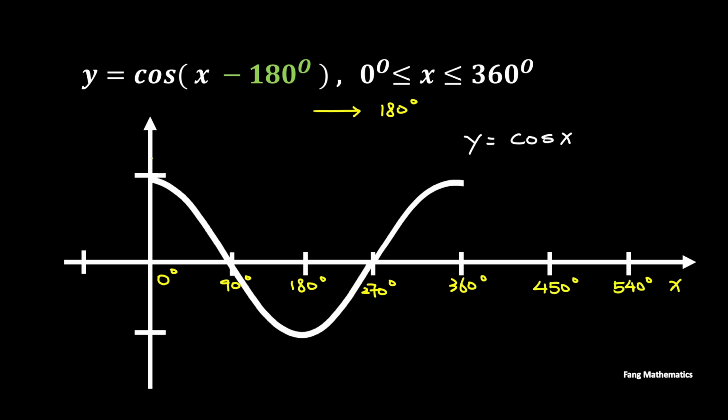So what are the critical points? In this case, it is the maxima, that is this point. So you shift this point 180 degrees towards the right. Since it is now at 0 degrees, you add 180 degrees to this point, and the new point will give you 180 degrees.